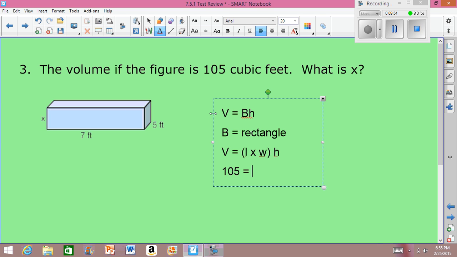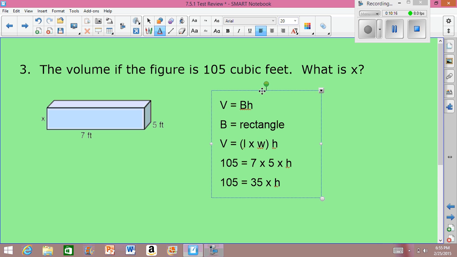And we know that that's equal to length times width. Okay, and we're trying to find our height. So we have 7 times 5 times our height. So that gives us 105 is equal to 35 times h. So we're trying to find the number for h to plug in to make our answer correct.